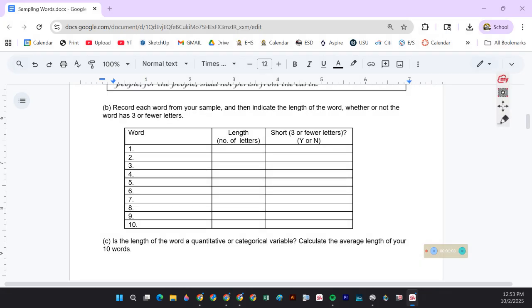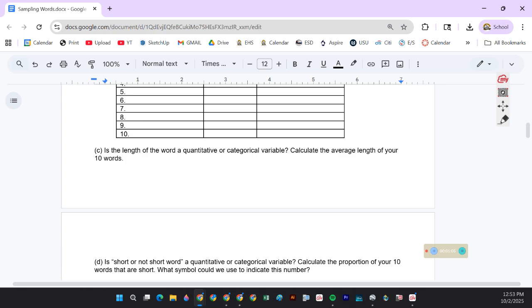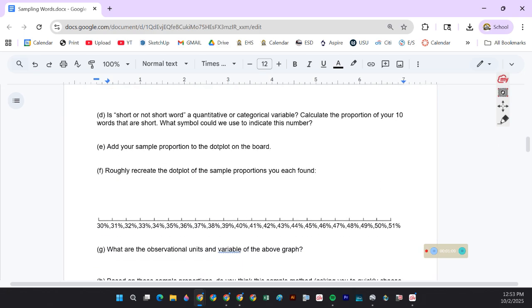Okay, now that you have this filled out, we need to answer question C about quantitative and categorical. Same with D and E and F. And then when you get to F, we are going to put dots up here on the board.